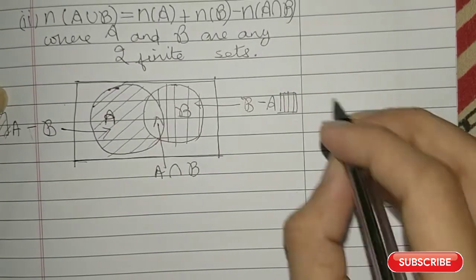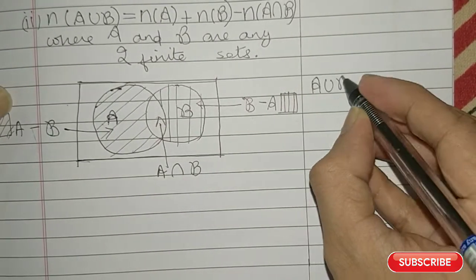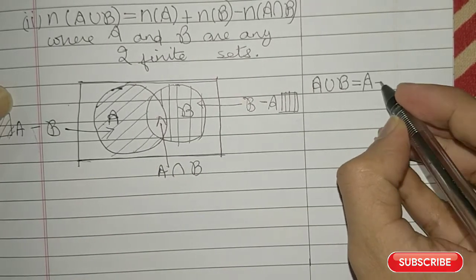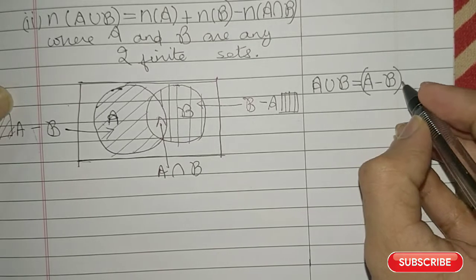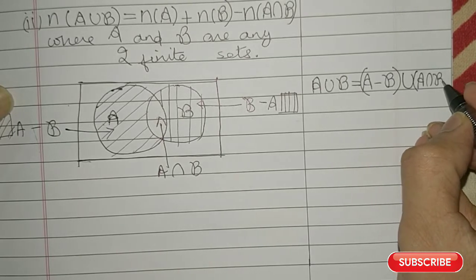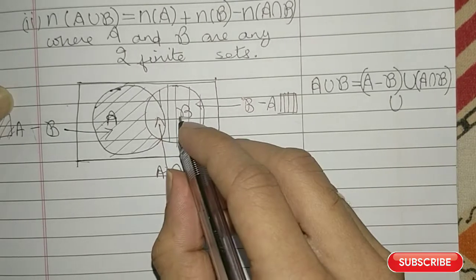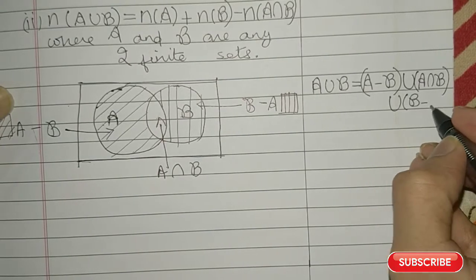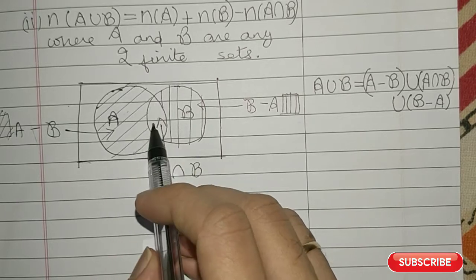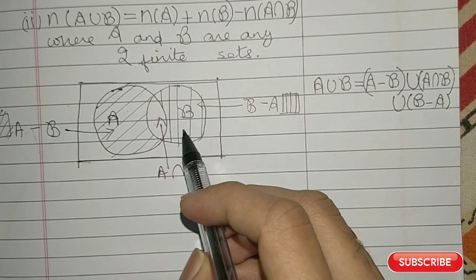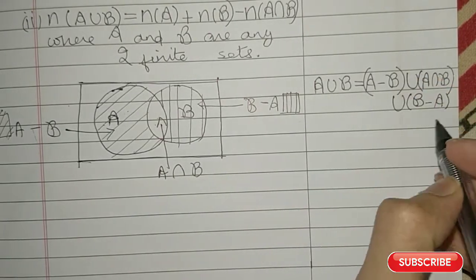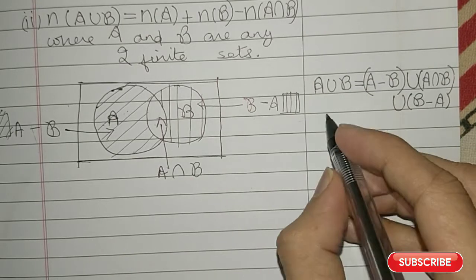So what you do is you look at A union B equal to A minus B, right, union with A intersection B, union with B minus A. So A union B is what? A minus B union A intersection B union B minus A, right. So if you combine everything you get A union B, right.